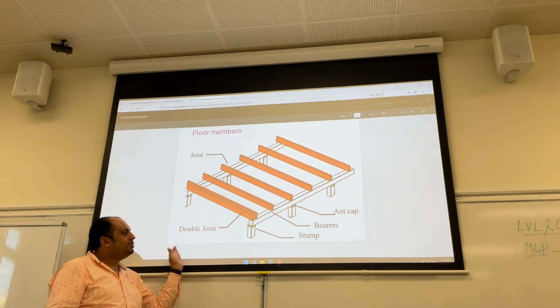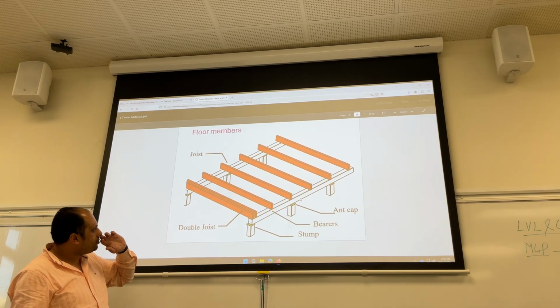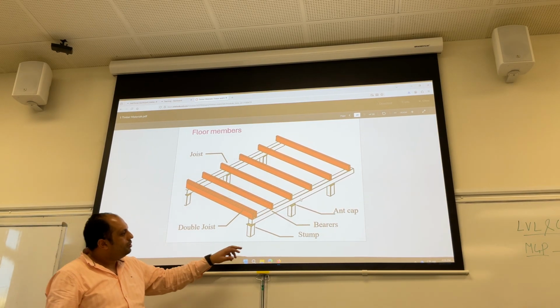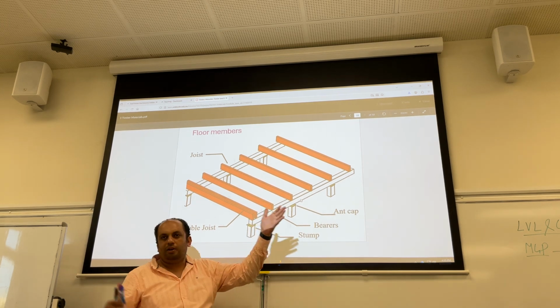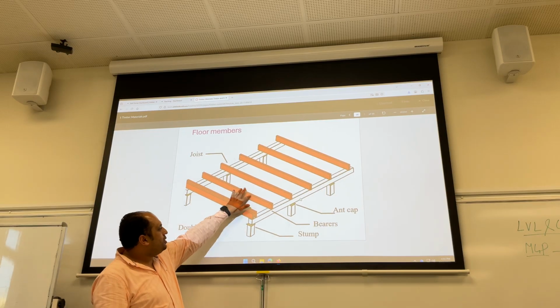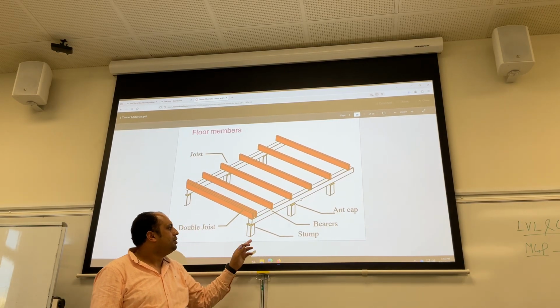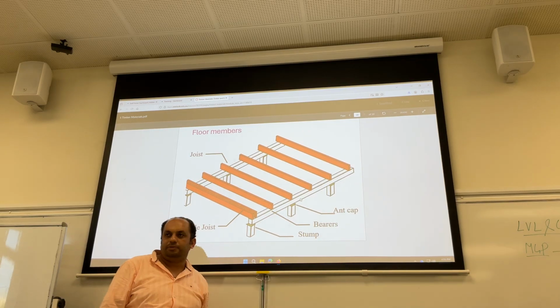If we have something from this side, we also have the bearers. The bearers are actually the beam that carries the joist. So the joist transfers its load to the bearer, then the bearer transfers its load to what? To the column or the stumps. Okay?